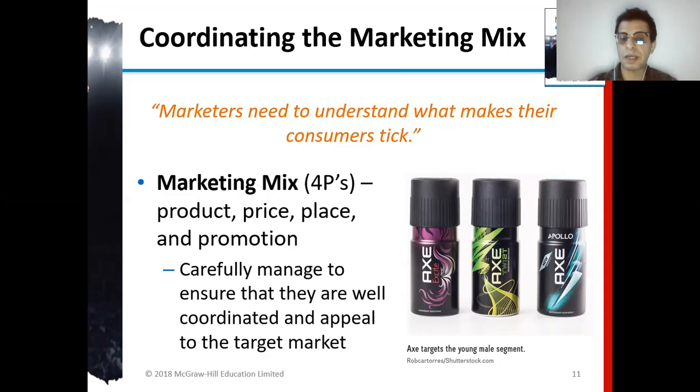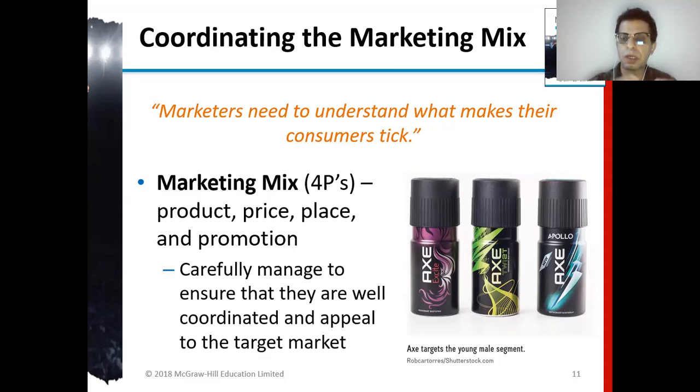You notice that in the marketing mix, the last one is promotion. So there are lots of activities besides promotion. You need to select the place, the price, the product, and each one has its own activities. Now, carefully manage them to ensure that they are well coordinated and appeal to the target market.